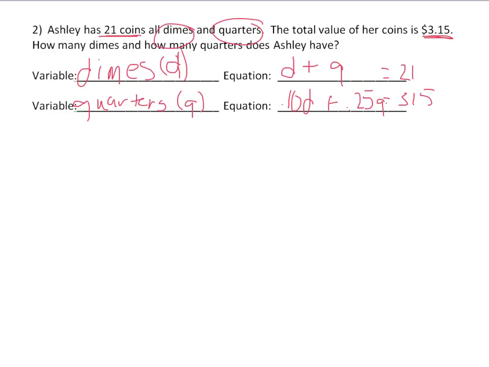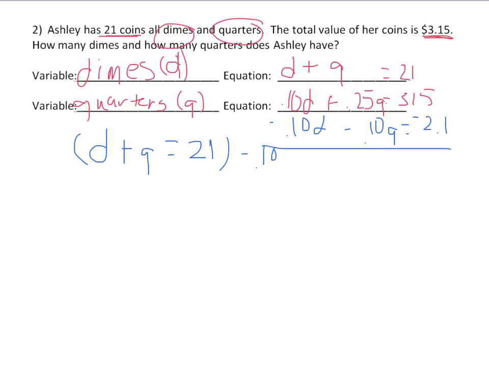So just like in the last problem, now it's just a matter of solving. So I'm going to take that first equation and multiply the whole thing by negative 0.10, and then cancel out my d's. So that's going to be negative 0.10d minus 0.10q equals negative 21 times 0.1, which would be minus 2.1.